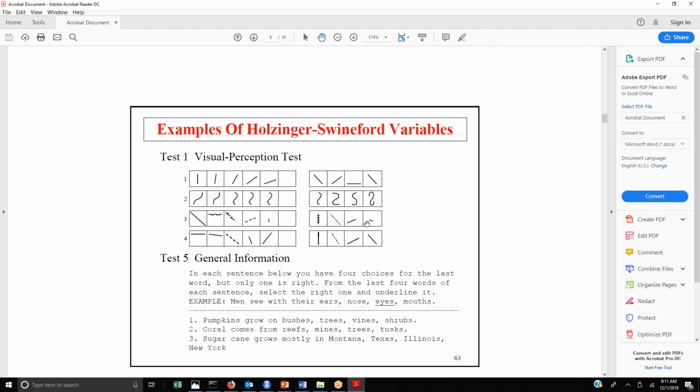For example, this is called a visual perception test. What is the next? Out of this one, which one comes here? The patterns are like this. Then what is this out of this? This is test 1, visual perception test.